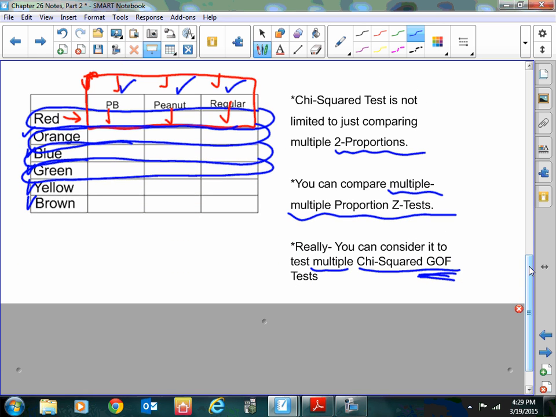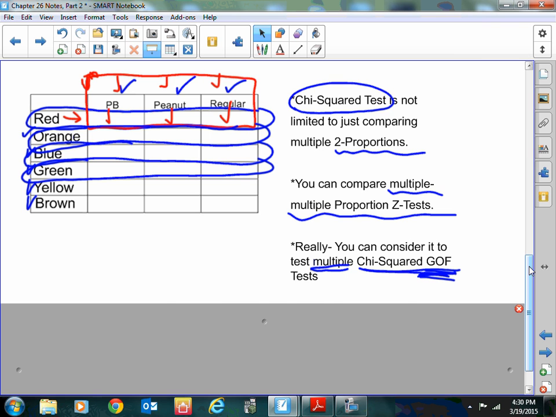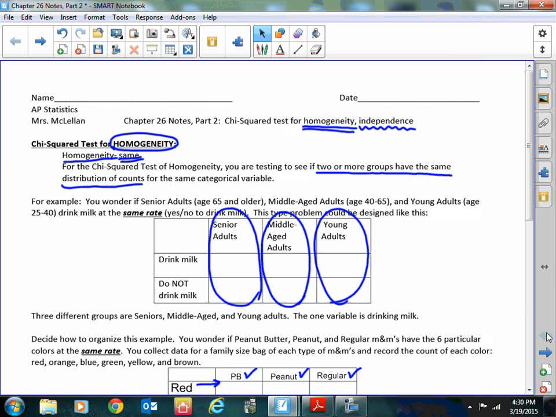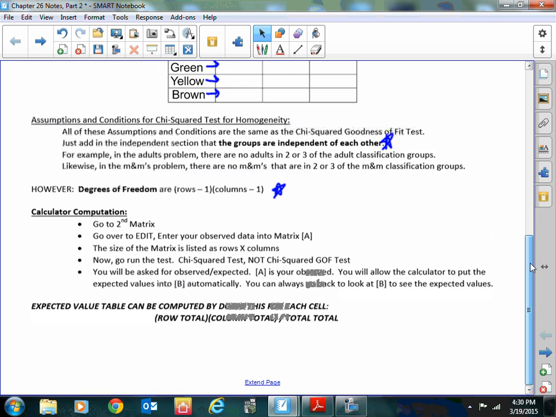And finally, you could have many chi-squared goodness of fits, and thank goodness that's not another thing. That's not what we're doing Monday. That's just all done the same way as a chi-squared test. So that's what a chi-squared test is, and that's where we are headed.